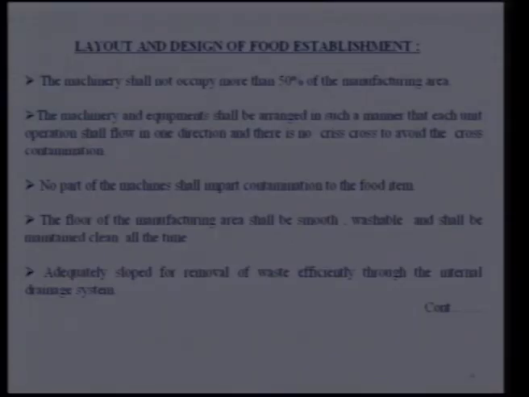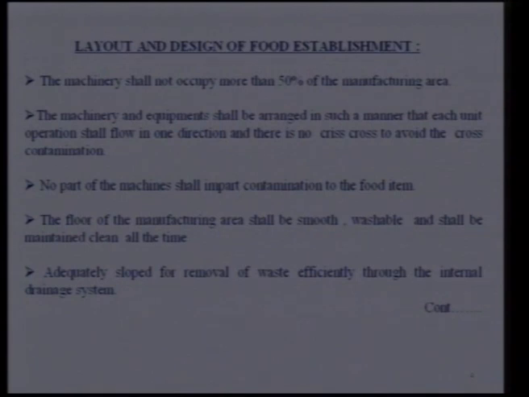And then the machinery and equipment should not be designed such that they impart any contamination or corrosion. No iron or galvanized iron is allowed for preparation, processing or storing of food products.